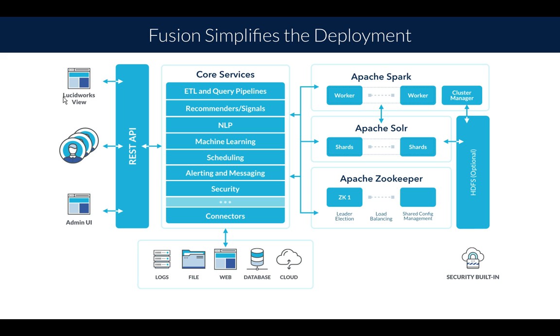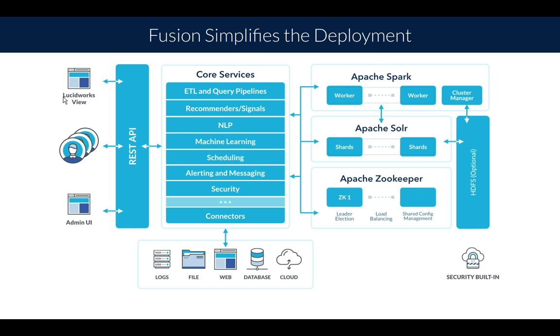We use key technologies from the open source community, including Apache Spark, which many of you have heard of in a big data context, Apache Solr, which is the search engine I mentioned, and Apache Zookeeper, which helps with our shared configuration.